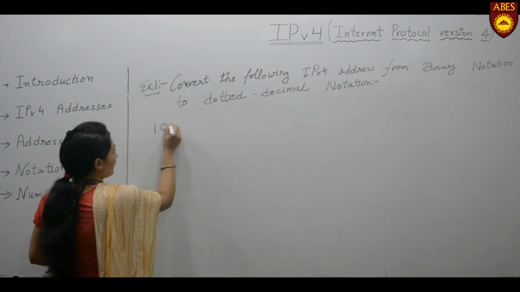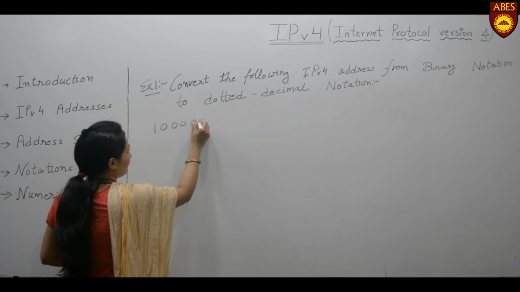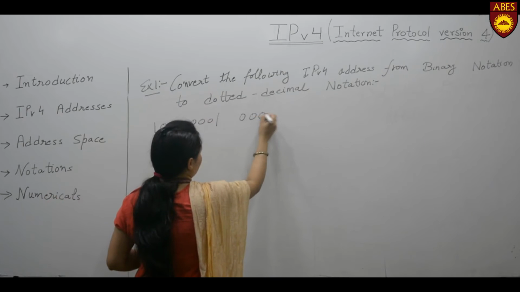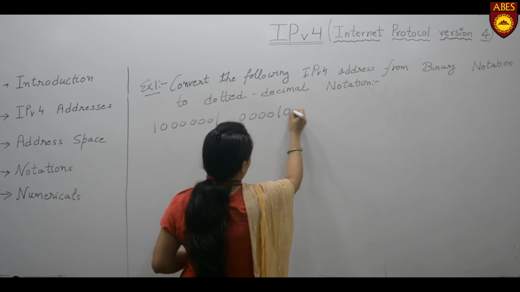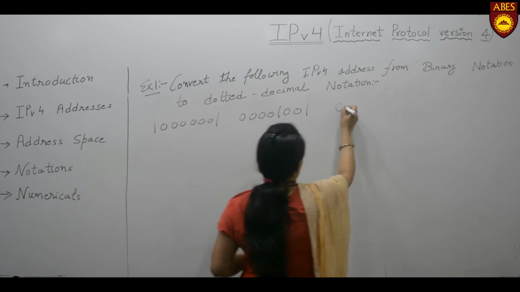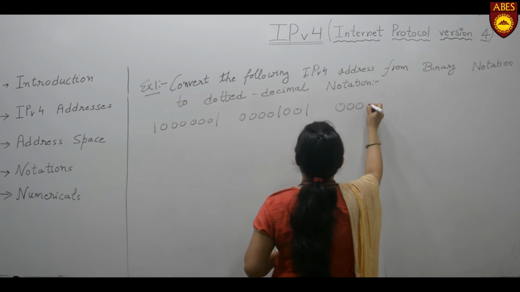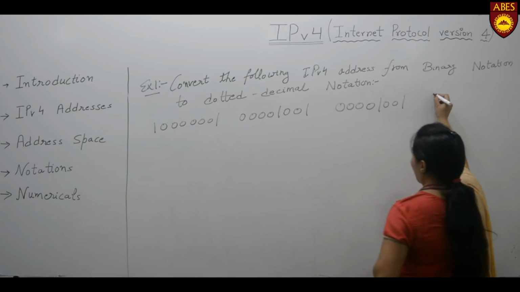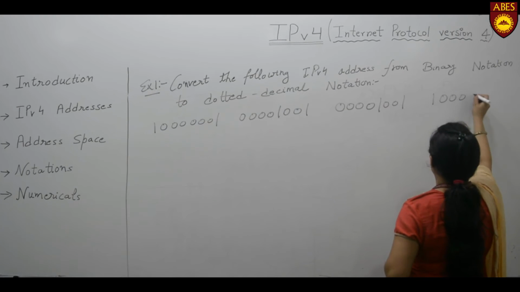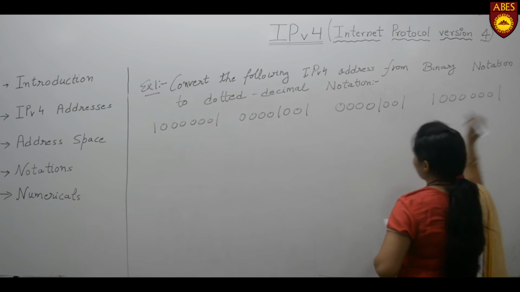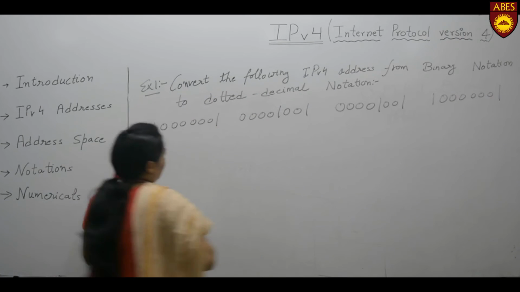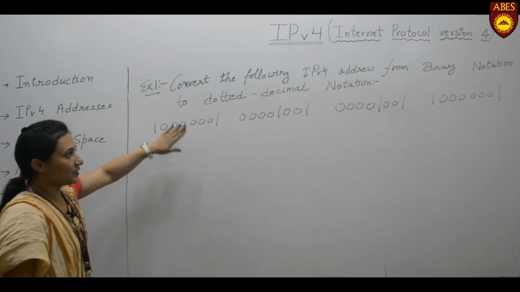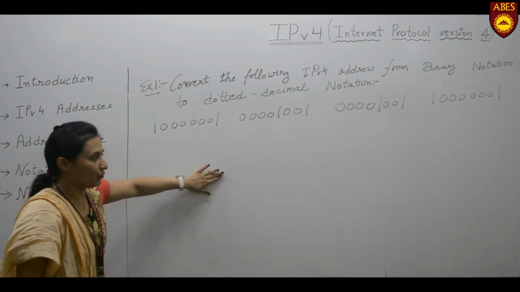Suppose the number given is this one. This is the binary representation of the IPv4 address, and this is to be converted into the decimal form.